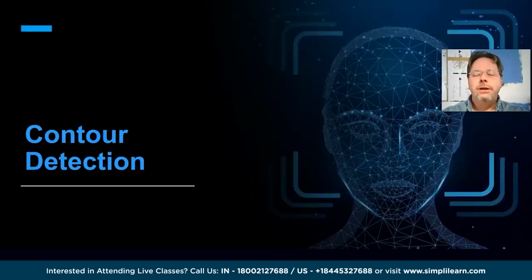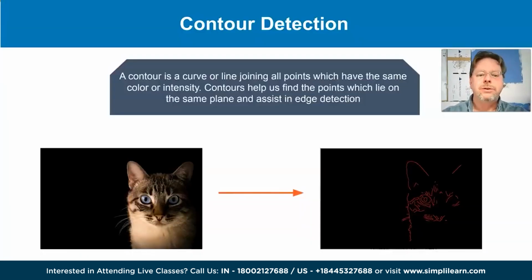And then I mentioned a little bit about motion detection and detecting different things. There's contour detection, which is built into the OpenCV package, which is really nice. And again, this is stuff that usually was somebody in the back end programming this, and now you have OpenCV, which does almost everything for you. So a contour is a curve or a line joining all points which have the same color or intensity.